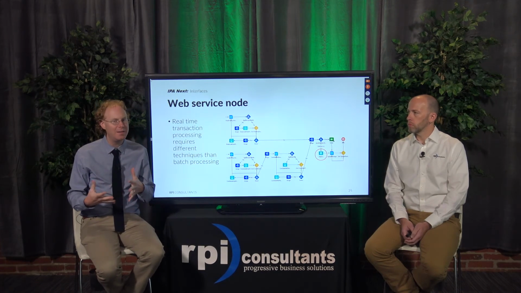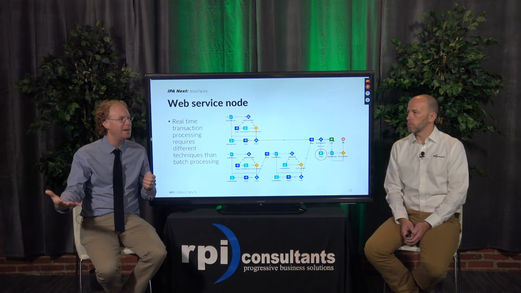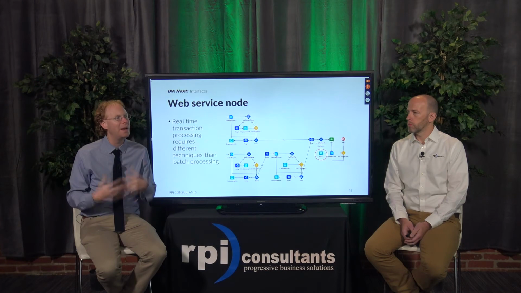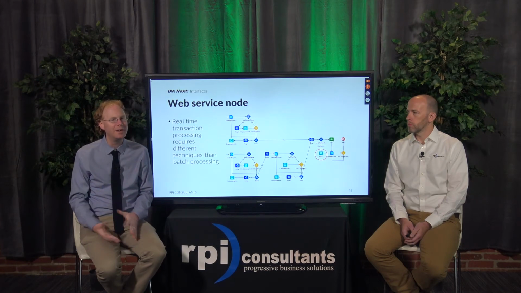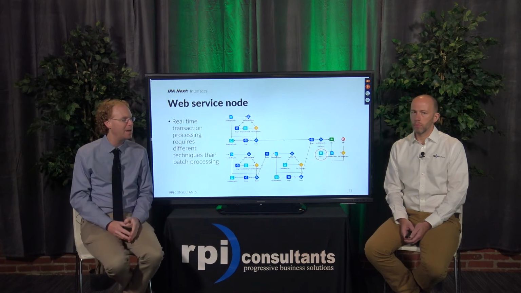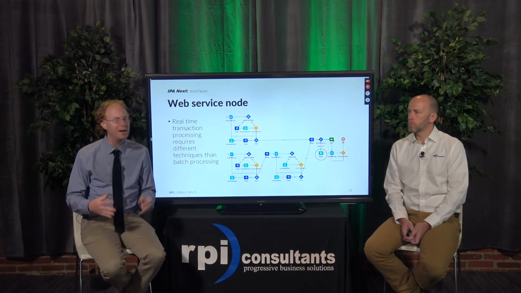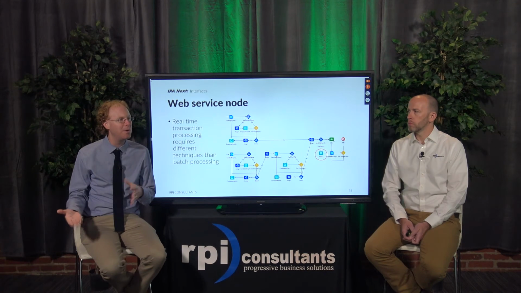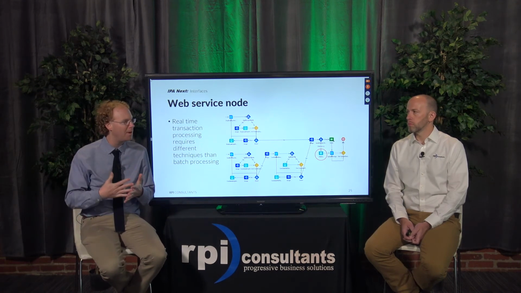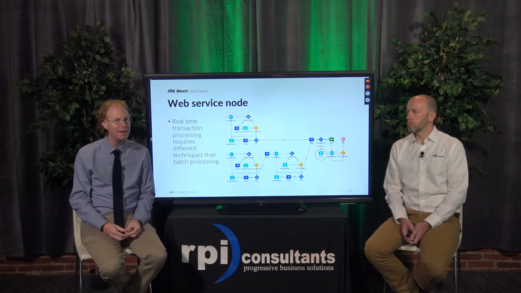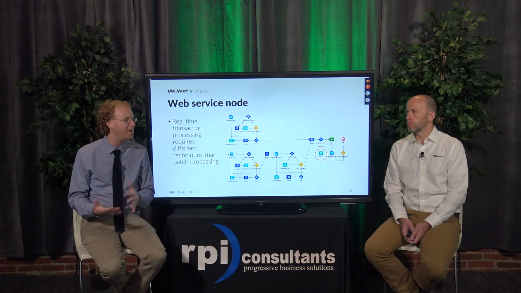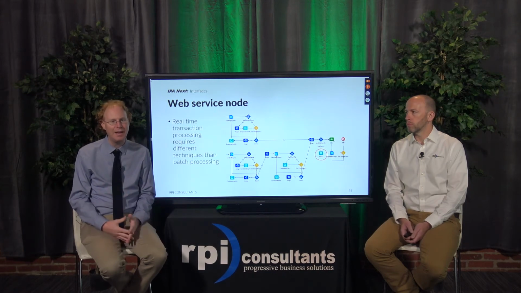If you have a third-party system that needs to send data in to Infor, and you need to be able to wait and respond for that, there is an HTTP trigger available in IPA. So your external system can be programmed to just make a web call into IPA to initiate the running of a flow. There's information on that in the IPA Administrator's Guide. Just check out the HTTP trigger.